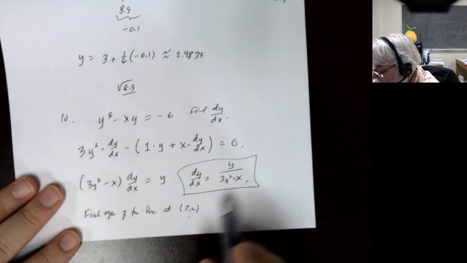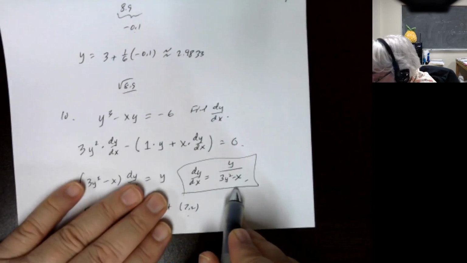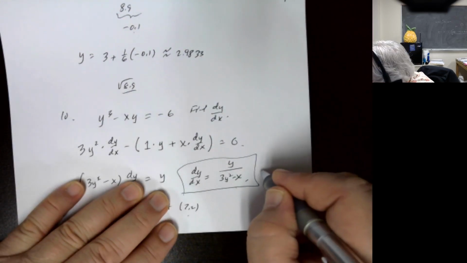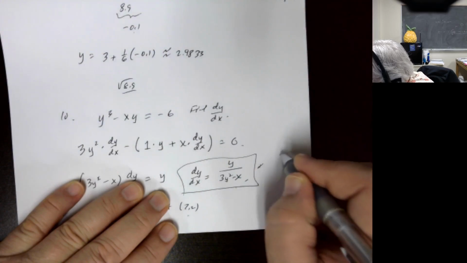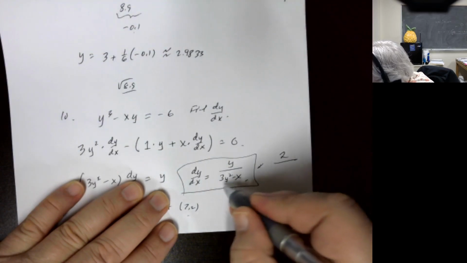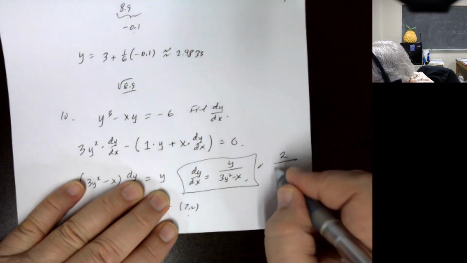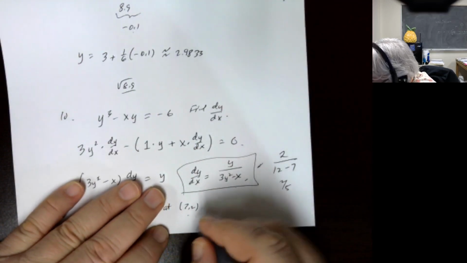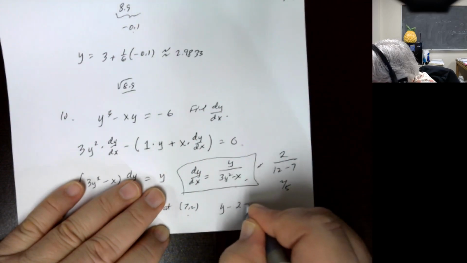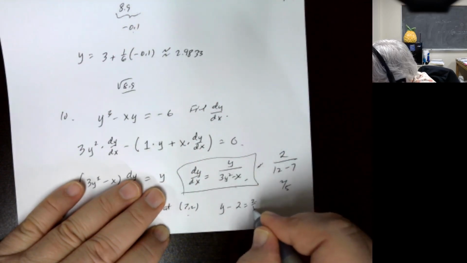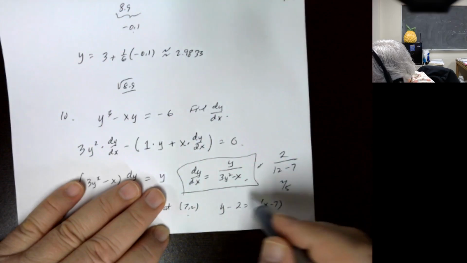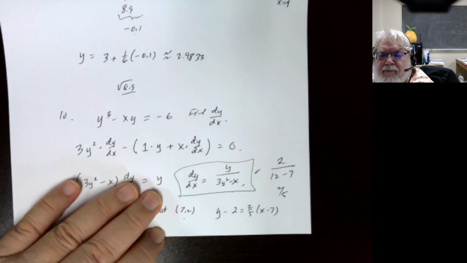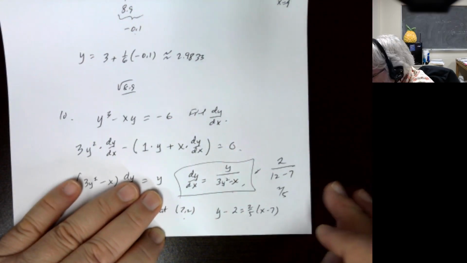So we have the point. We know the slope then. The slope is going to be, let's see, 2 divided by 3 times 4 is 12 minus 7. Is that 5? 2/5. So we get y minus 2 is equal to 2/5 times x minus 7. Good.